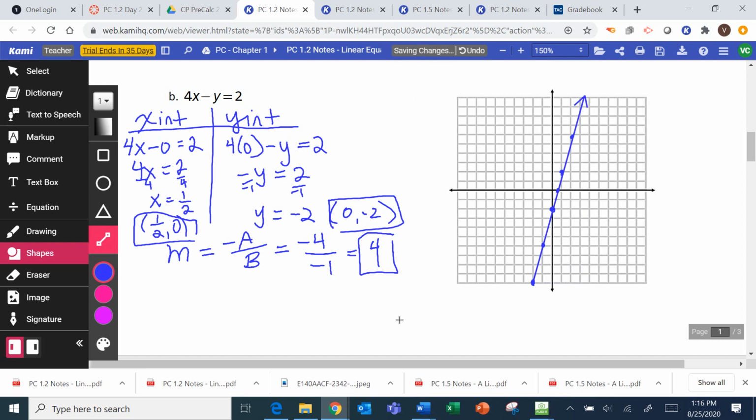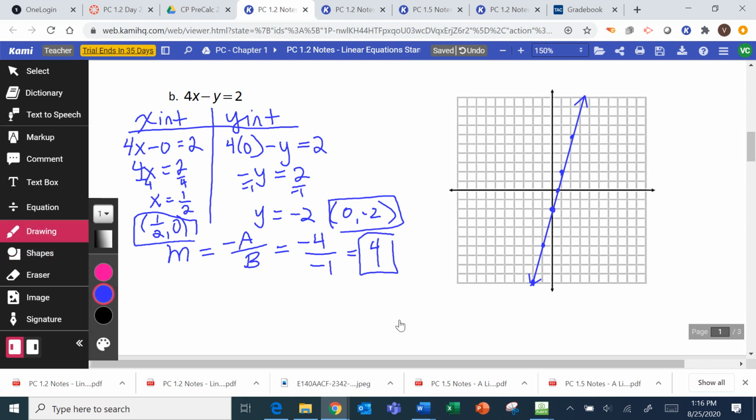So I'm just kind of double checking that everything fits on that line, and it does. If you had a line like this, but you had some random point over here, what would that tell you? It would tell you you're wrong about something. You can go back and check your work.